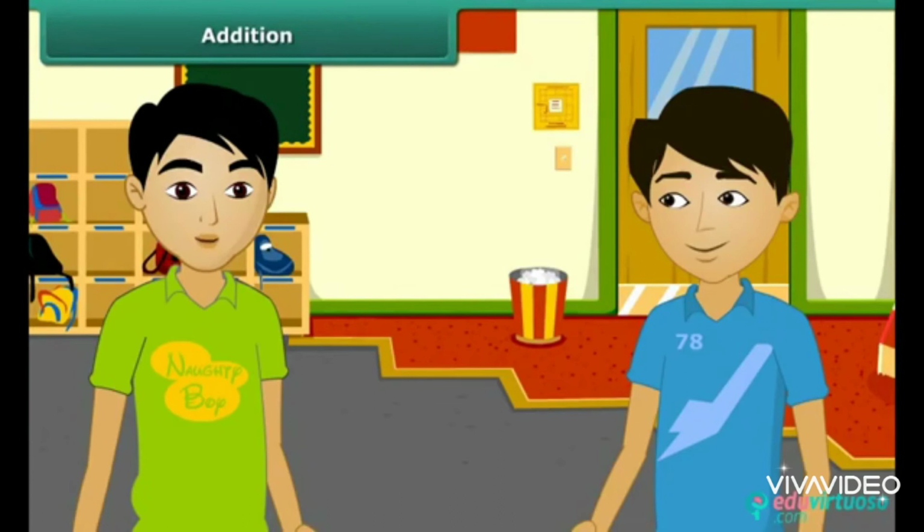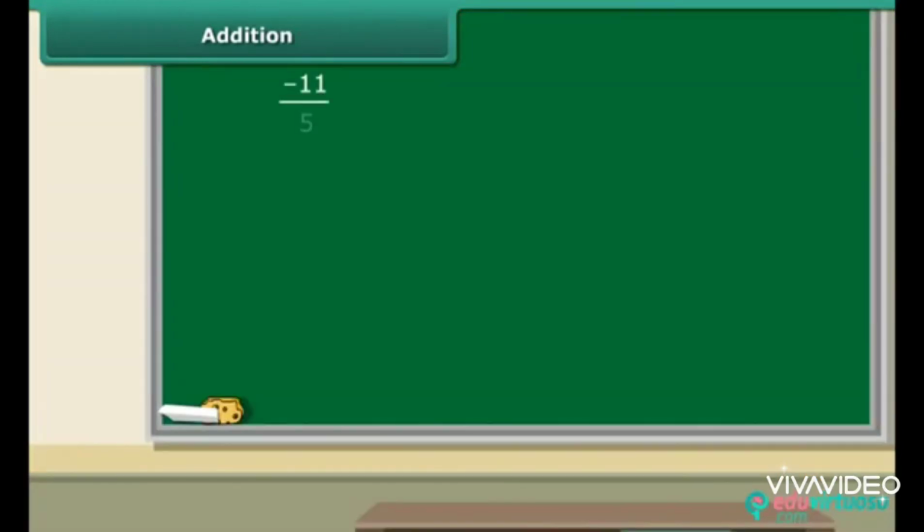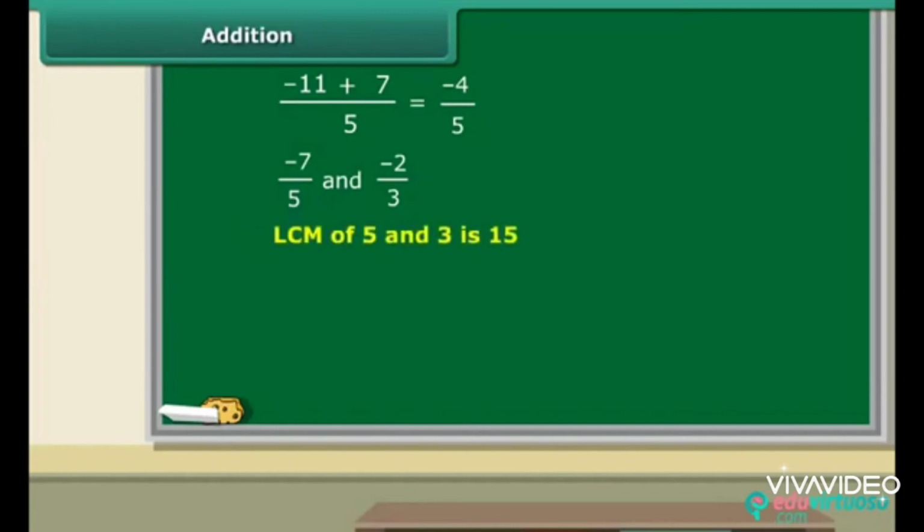Now let us see the addition of rational numbers. Suppose the rational numbers have the same denominator, so we simply add their numerators and get minus 4 upon 5 after solving. Now suppose minus 7 upon 5 and minus 2 upon 3 are given to you.